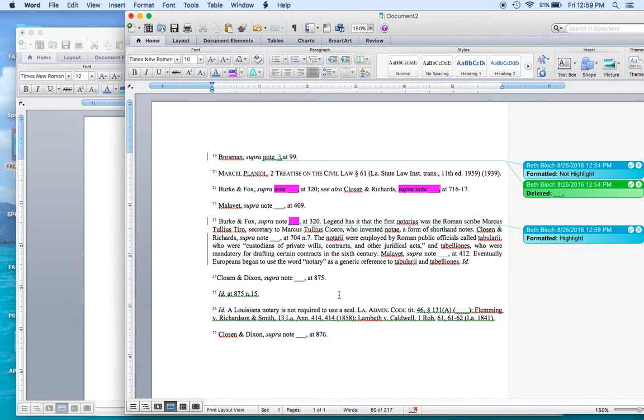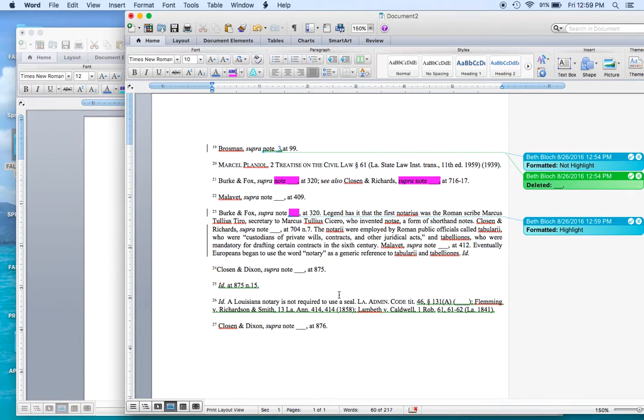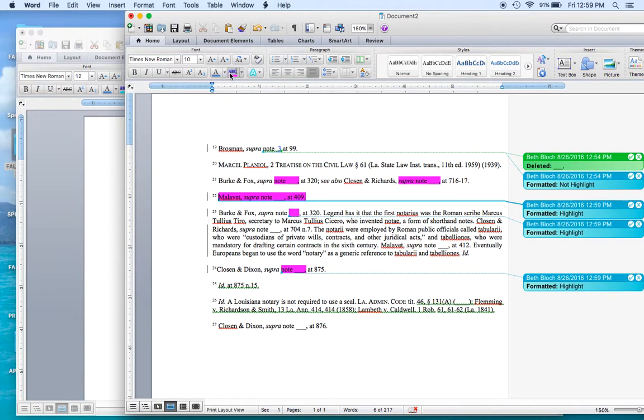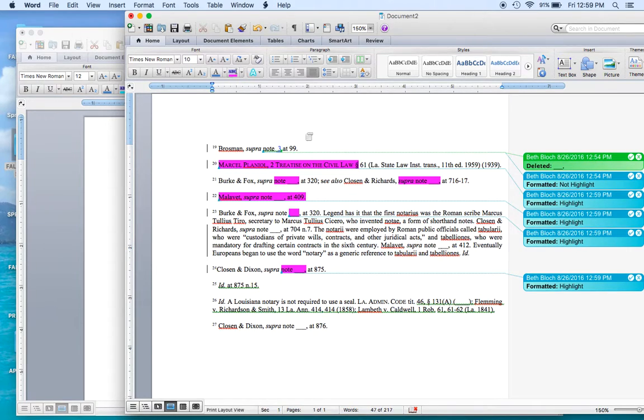So I find the Blue Book formatting or editing is sometimes a little bit harder than the text editing because it's not just grammar and it's not just style. You have to look at Blue Book rules because I need to make sure that all of this is in proper Blue Book format. And also, you need to make sure, like this with the small caps and everything. That's what I mean by proper Blue Book format.